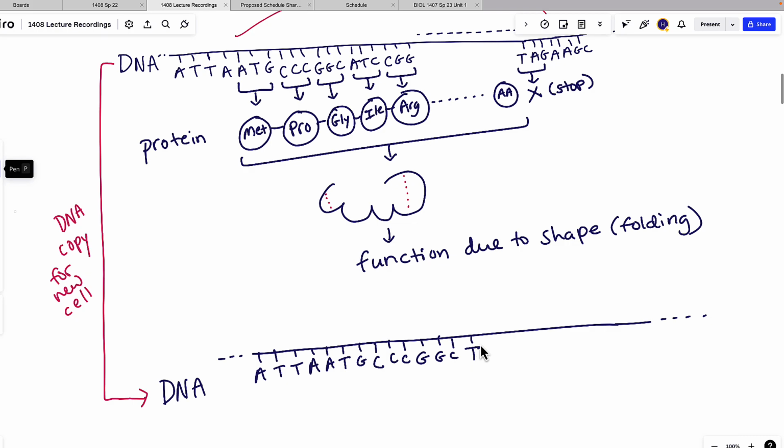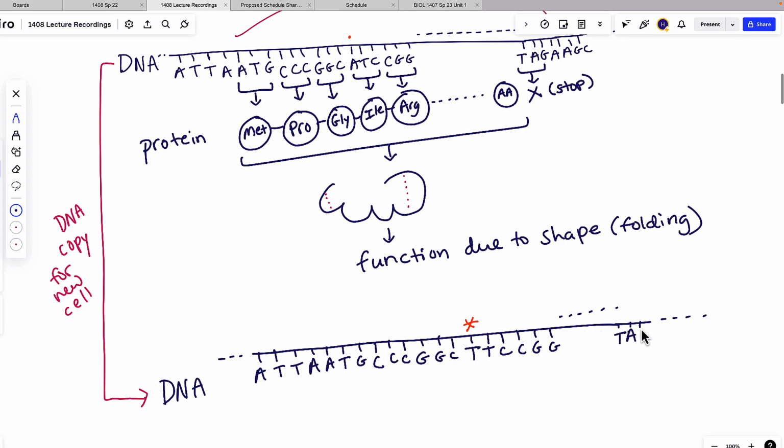So let's say here. What I've shown here is that usually there's an A put in, and in this case, we've got a T put in. Now the cell is usually pretty good at catching these mistakes. So it actually proofreads its DNA after it copies it and makes sure there are no mistakes.